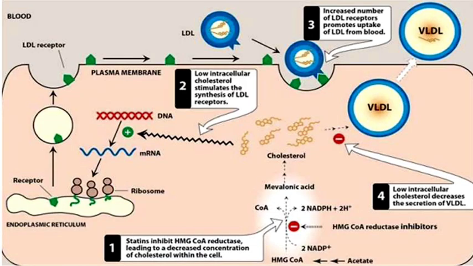The reduced intracellular concentration of cholesterol in hepatocytes secondary to statin use activates the proteases that cleave membrane-bound sterol regulatory element binding protein, or SREBP, which further migrates to the nucleus and binds to sterol response elements. This binding results in increased transcription of the LDL receptor, which translocates to the liver cell membrane.